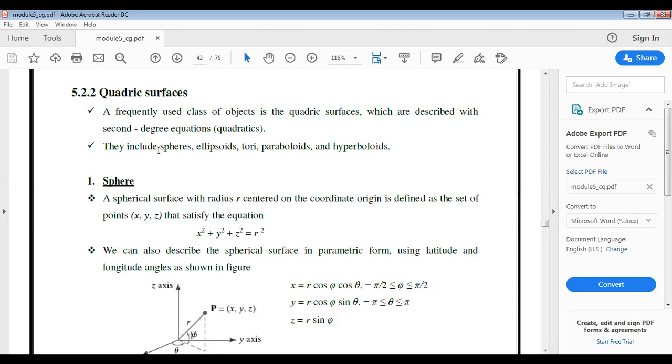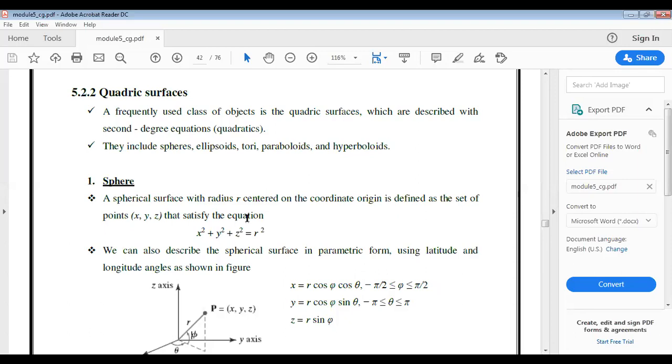Now, as it is a three-dimensional one, what does the equation of the sphere become? x square plus y square plus z square is equal to r square. Whenever I talk about a circle, the equation is x square plus y square minus r square is equal to 0.